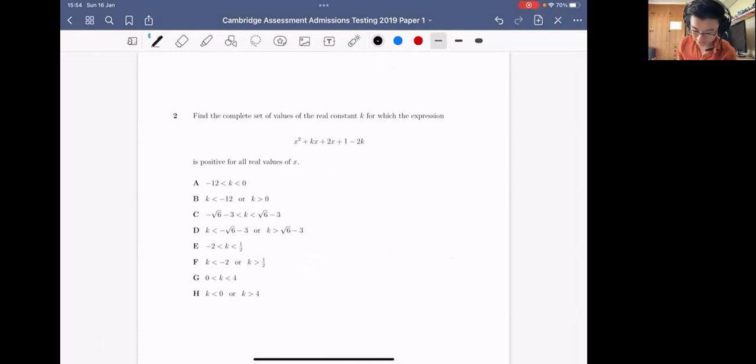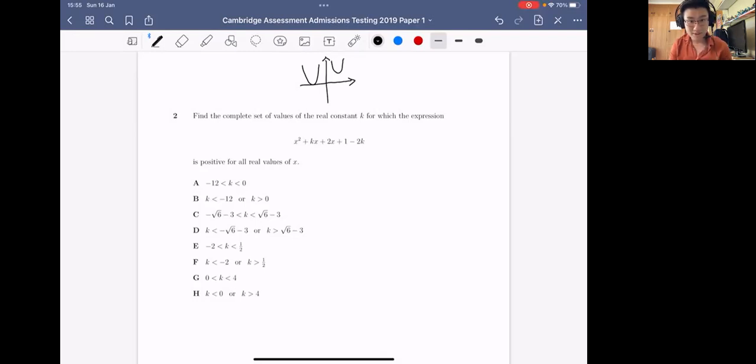Question 2. Find a complete set of values for which the expression is always positive. Okay, so if it's always positive, that means it's either a perfect square like this, or it's just floating somewhere above the x-axis like that.